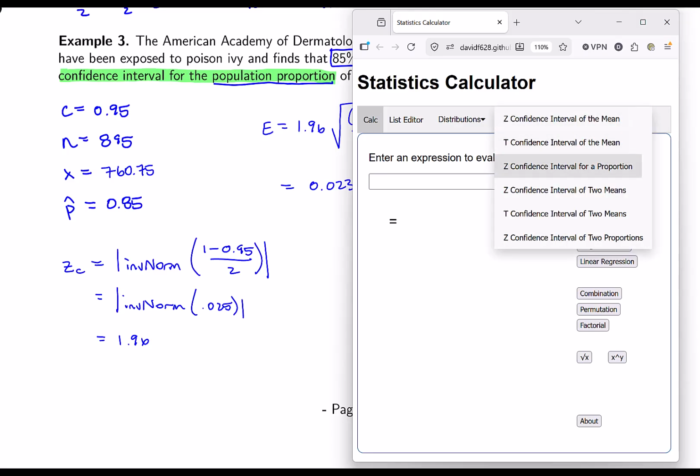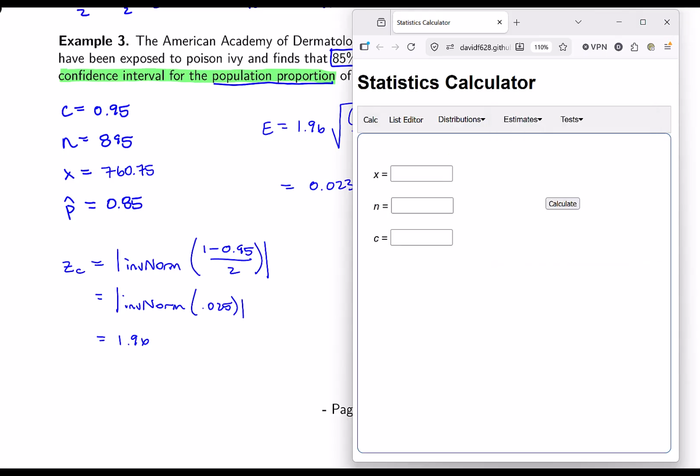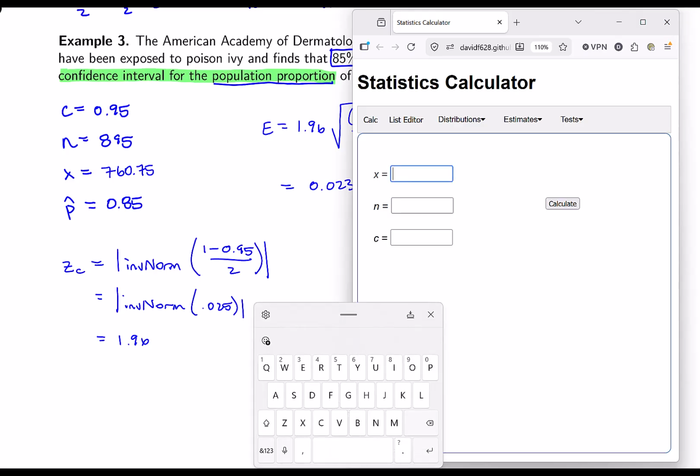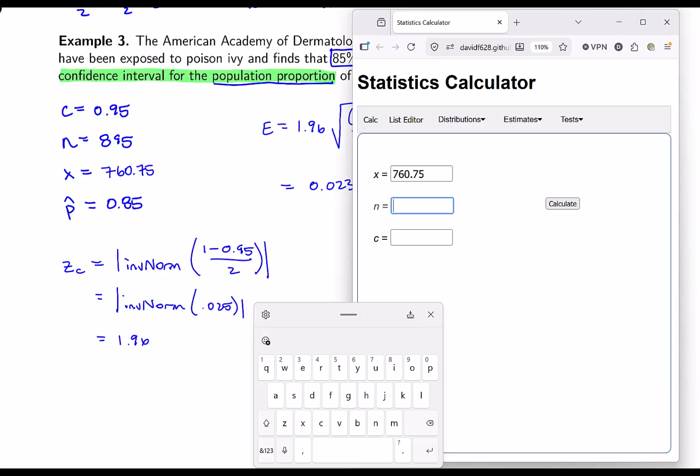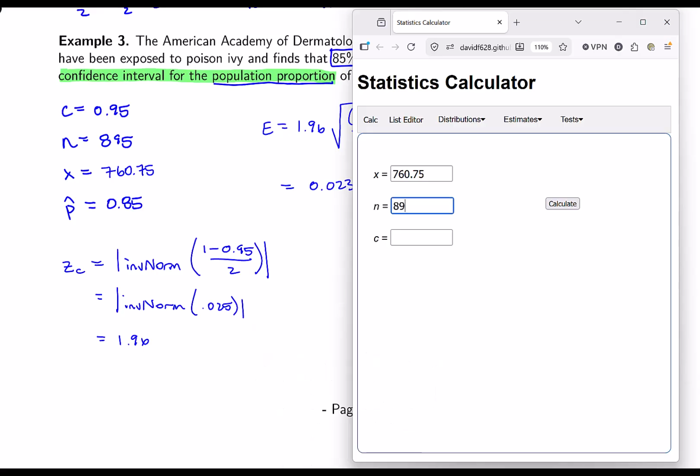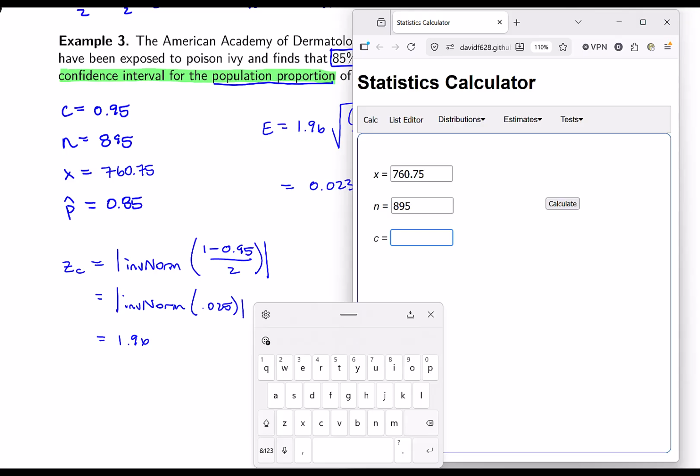We are looking for the confidence interval for a proportion, so that would be the 3rd item down here. Now it takes 3 inputs. That first input, x. So here we would need to put this as 760.75, and I believe it will take it as a decimal. N is 895, and level of confidence here is 0.95.